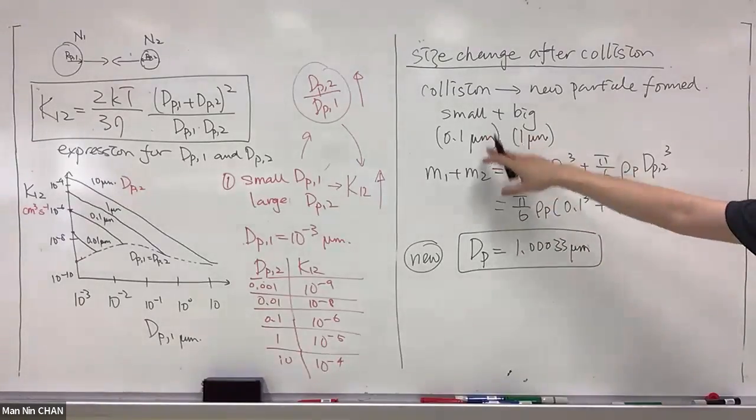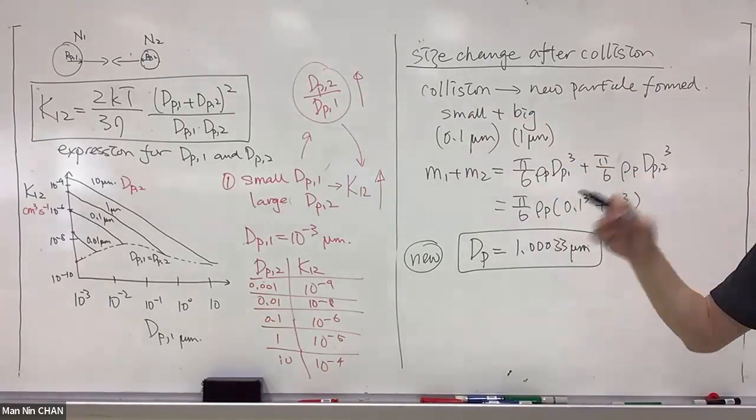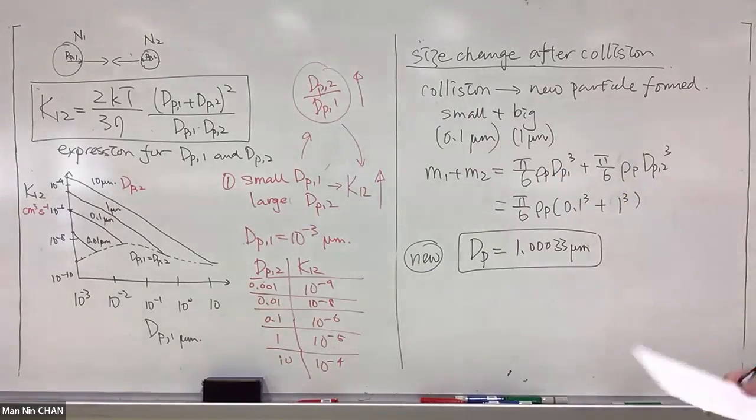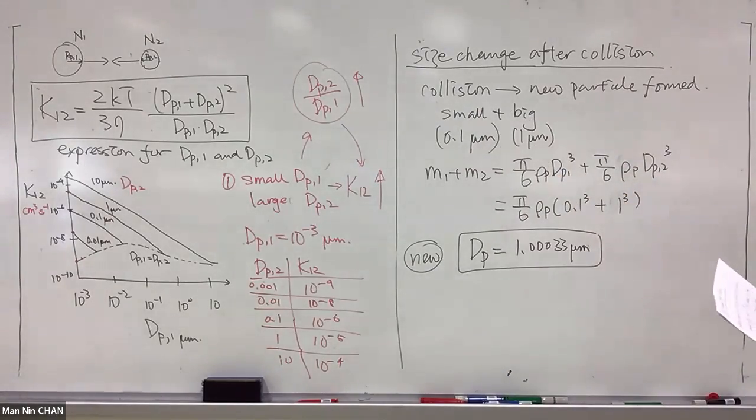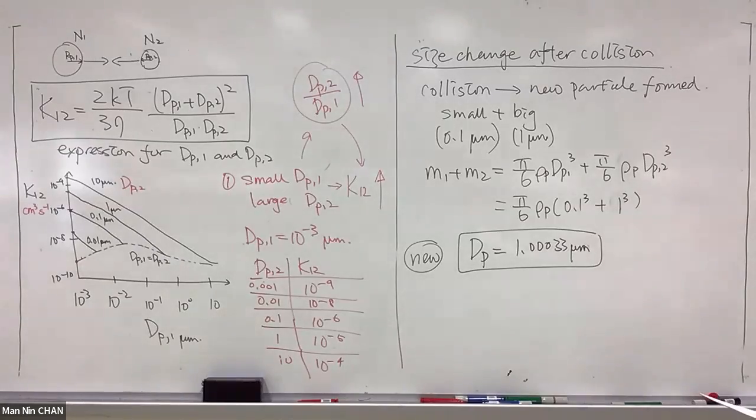But the one thing you can see here is, if you have a collision of a small and a big particle, here I define 0.1 and 1 micron, basically the size does not change that much, right? The diameter of the larger particle does not change significantly. And the size of the new particle is basically about the same as the large particle.